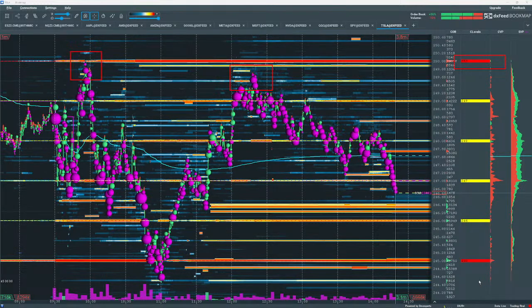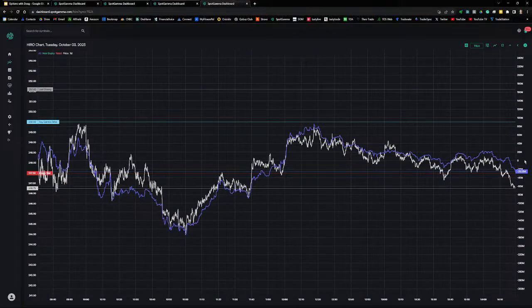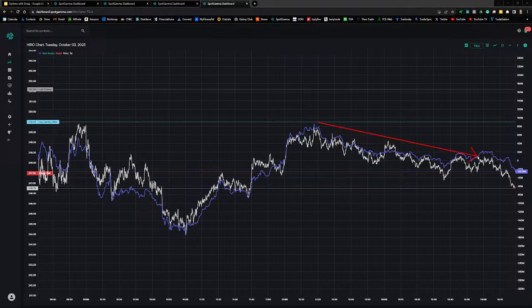Did find some support at the 245 level and now heading back down toward that level. As traders started taking negative delta positions again, right around 12:20, just below that 250 level.